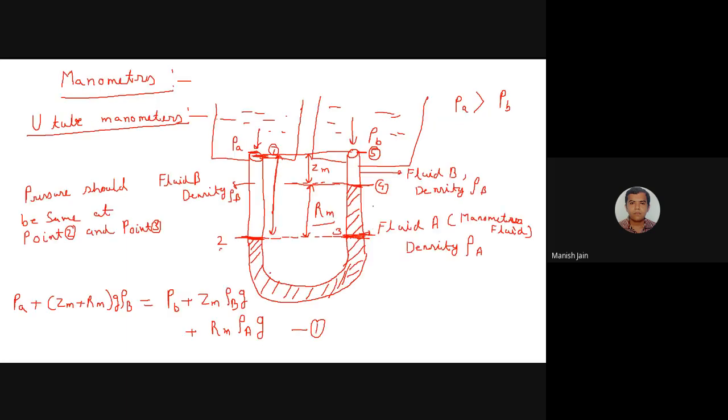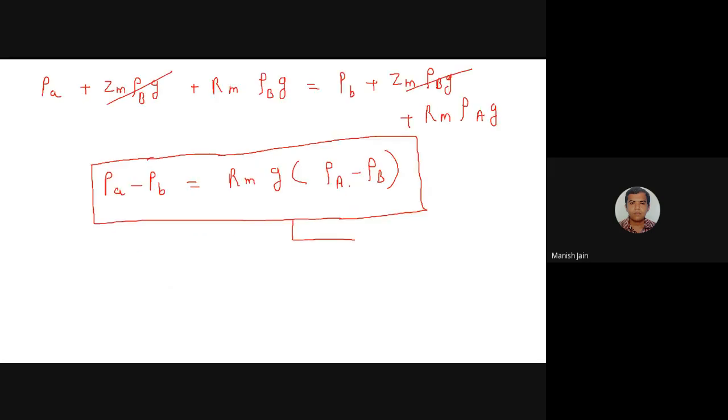So how will you calculate? Suppose you know the elevation at this point and at this point, so you can calculate the difference. Suppose this has a 20 centimeter difference, so your Rm is 20 centimeter. You know the gravity value, and you know the densities of the two fluids, which you can determine from the data books.